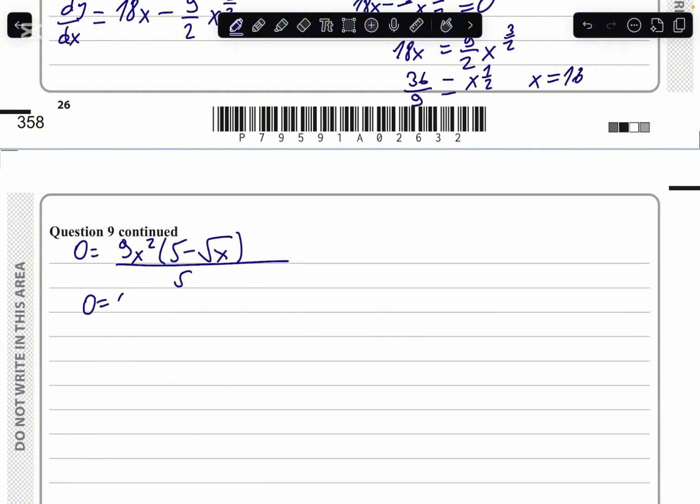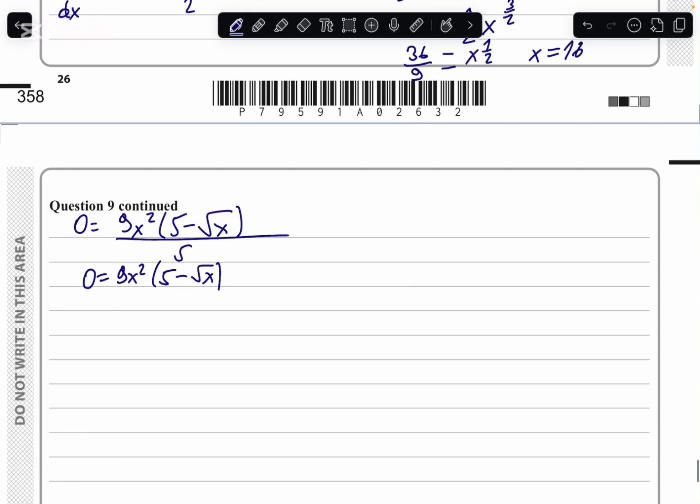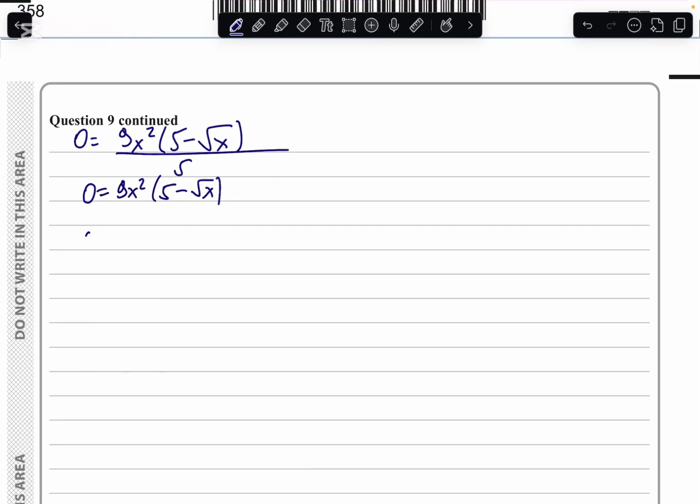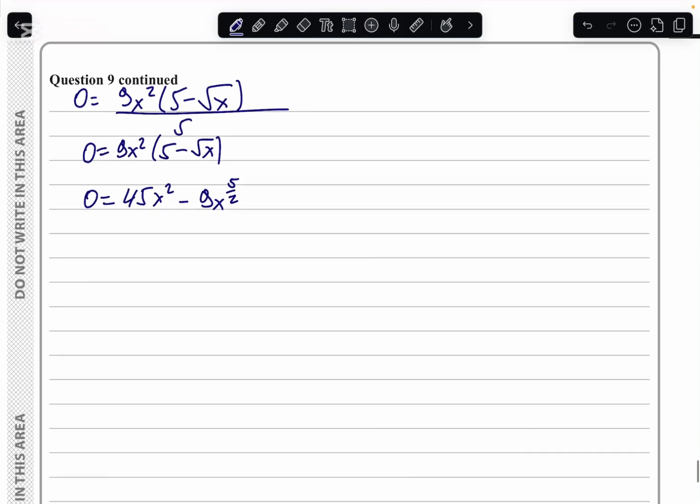Taking the 5 to the other side, we're left with 9x squared times 5 minus root x. Expanding that bracket, we get 45x squared minus 9x to the power of 5 over 2.